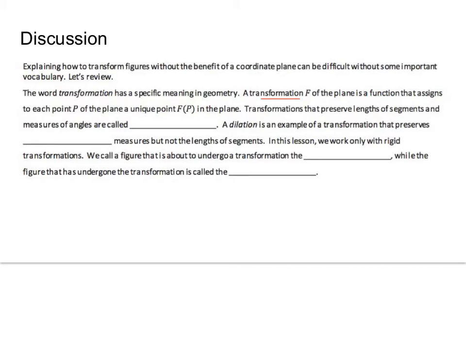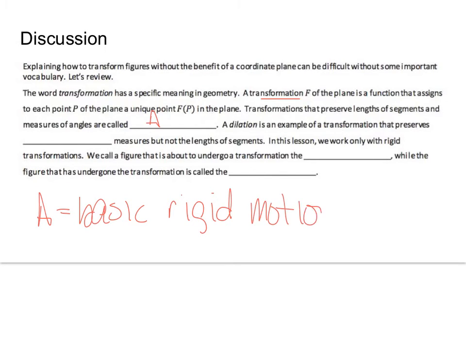Transformations that preserve lengths of segments and measures of angles are called basic rigid motions. Rigid means that they're not bendable or flexible.